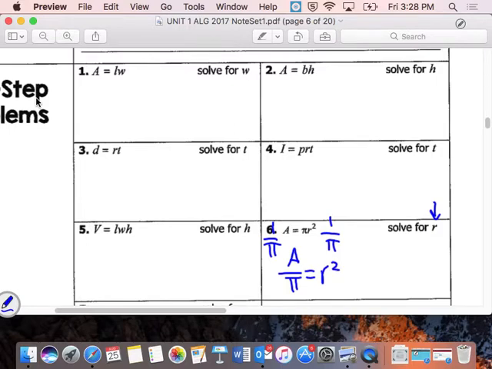And then in order to inverse r squared, I would need to take the square root of both sides. In doing that, the left-hand side is still going to remain as area over pi, but instead of equaling r squared, it's now just going to equal r. And we had a little discussion about that in class.